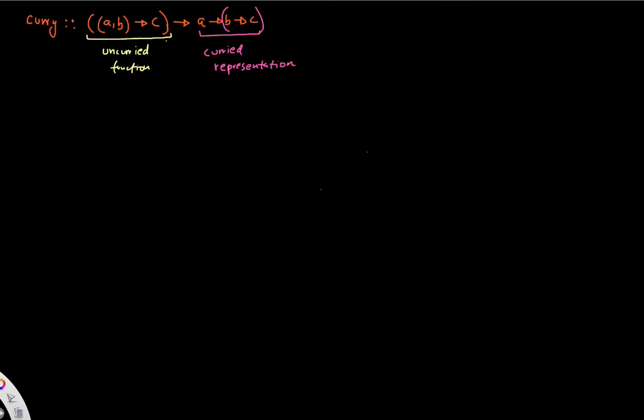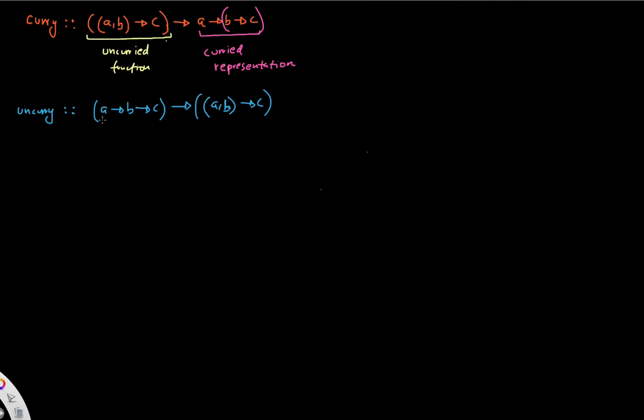So I have a complementary function which is uncurry, and the type of uncurry is basically it takes in as an input a function that is already curried, something like this. This function is already curried, and as an output, what uncurry does is it basically uncurries this function, meaning you get back as an output a function that takes in a tuple, which in turn gives you back some c.